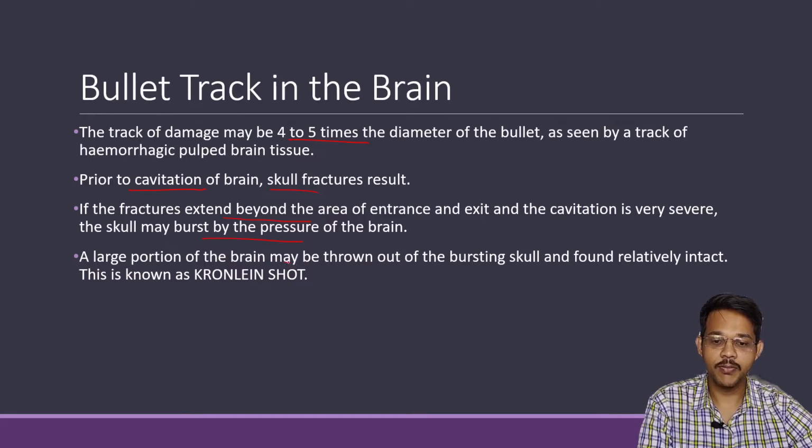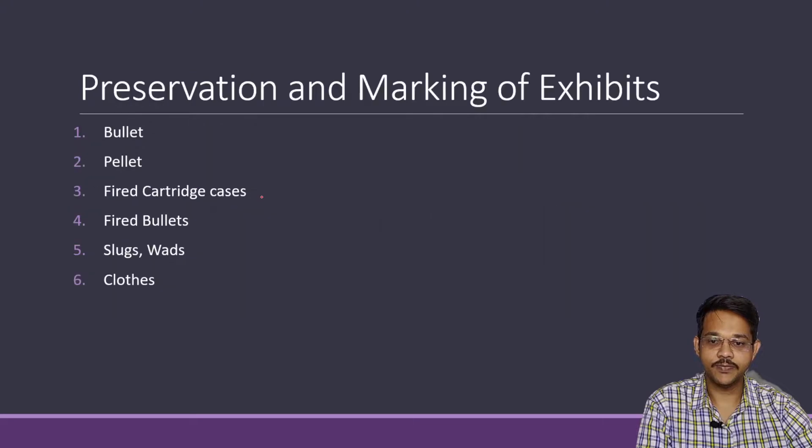A large portion of the brain may be torn out of the bursting skull and found intact, which is called Kronlein shot. So many times it is very difficult to track the bullet inside the skull, because of cavitation formation, and because many times the skull may fracture and the brain may come out of the fractures.